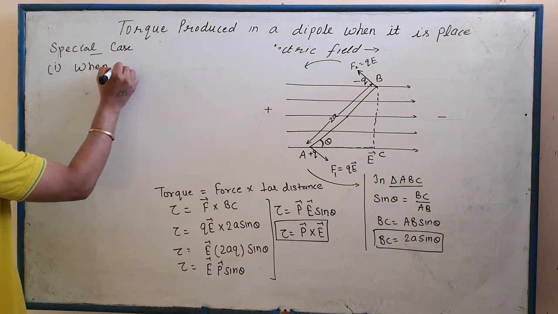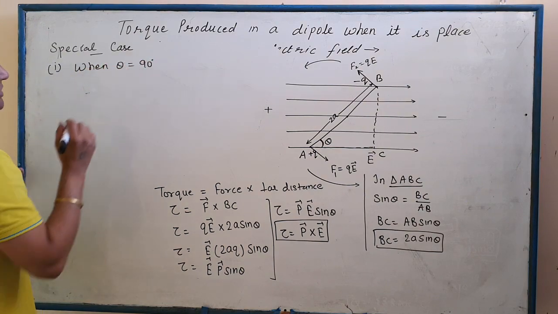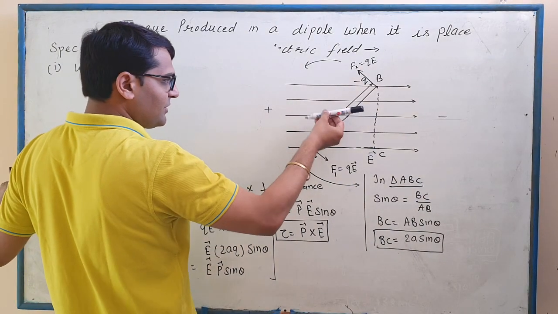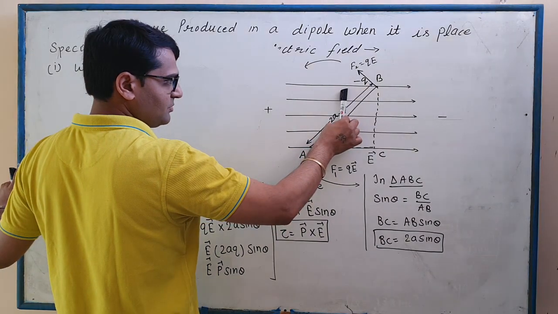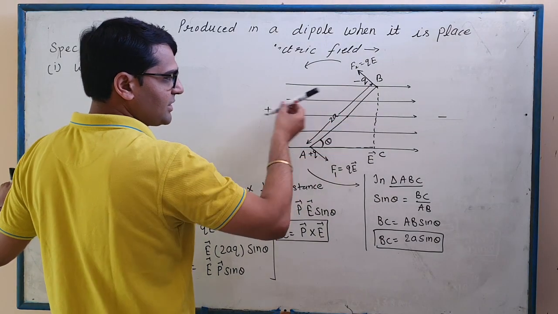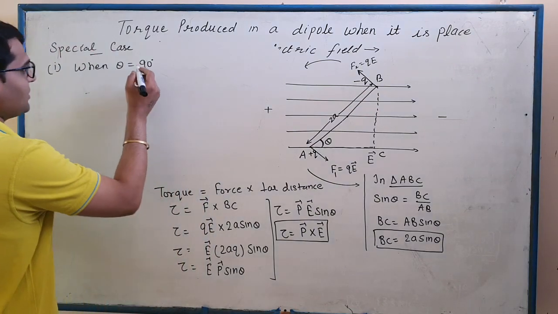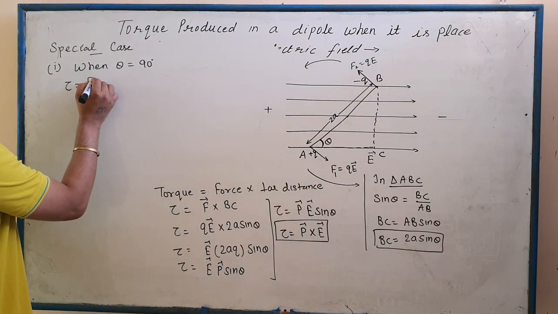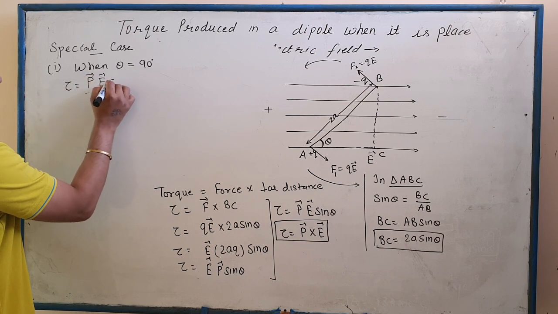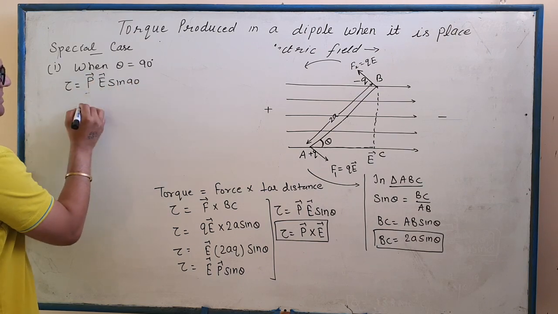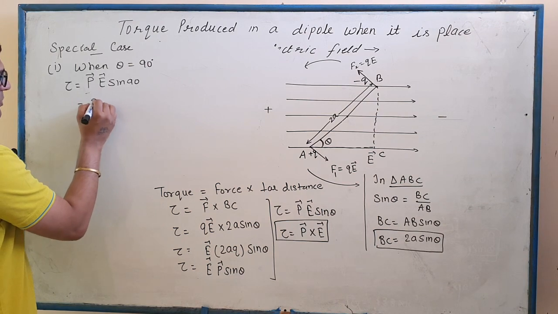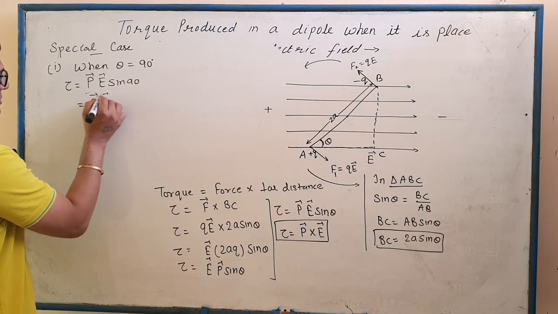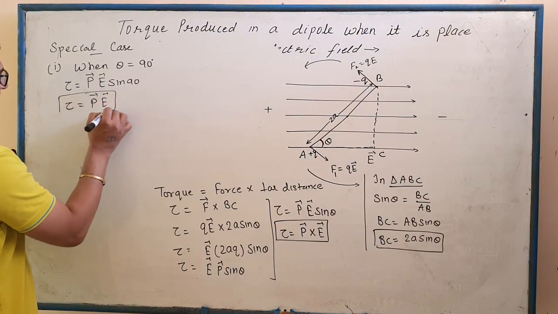When theta is 90 degrees, meaning our dipole is placed perpendicular to the direction of the electric field lines, then torque is given by P E sine 90, and sine 90 gives us 1, so it will be P into E. That will be the maximum torque.